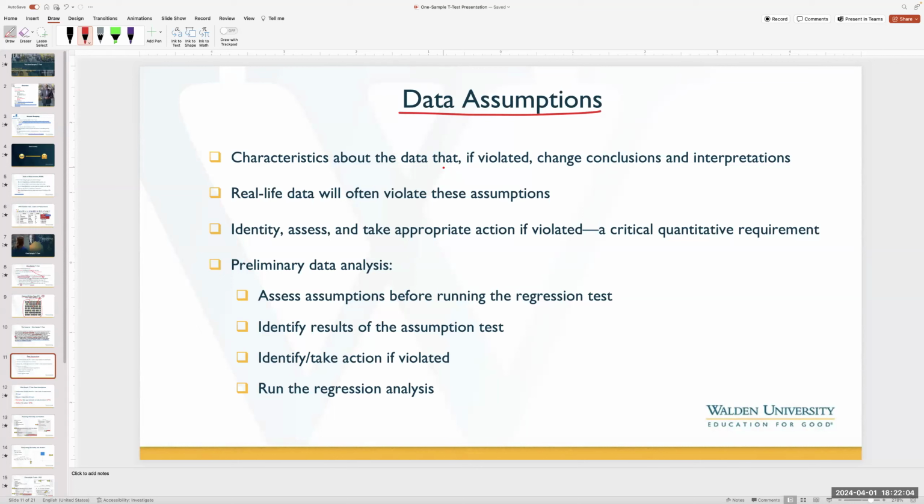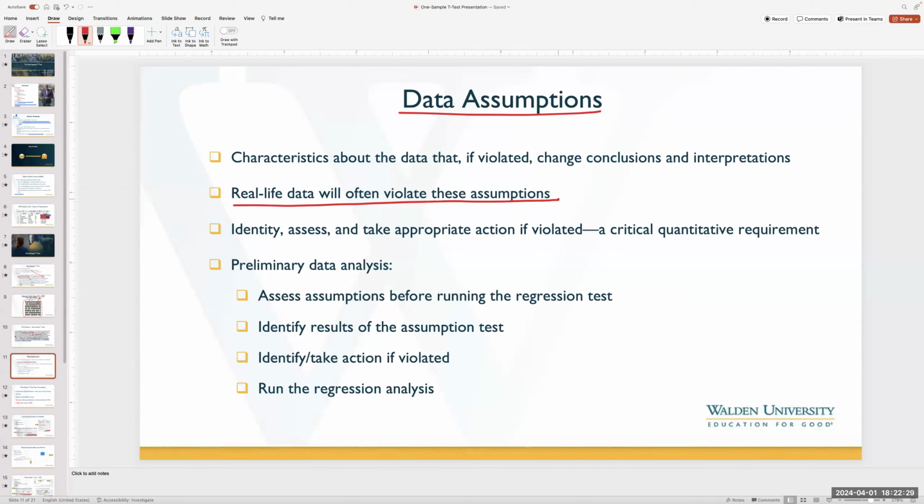And in real life, as you can see in the second bullet here, real life data violate these assumptions. What you are charged with as the researcher is understanding: what are they and what do I do with them? You don't have to go back and collect data. When you collect data and you run descriptive statistics and find that your data is not normal, don't panic.